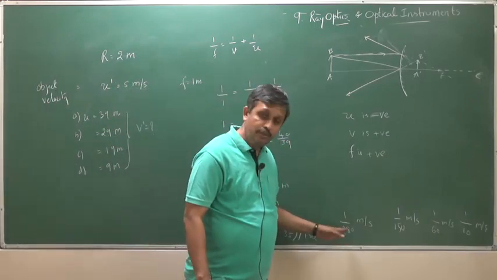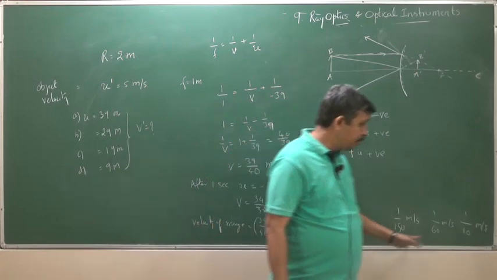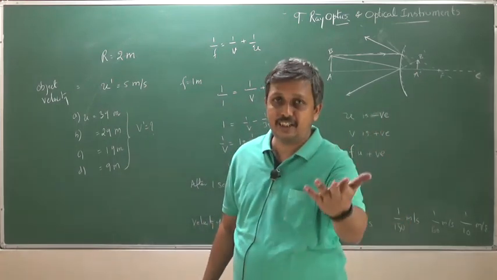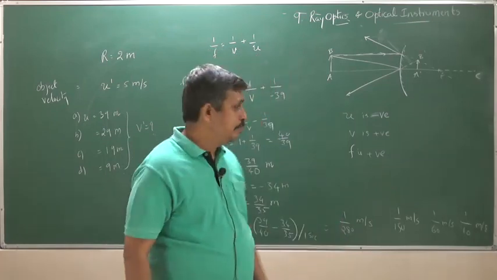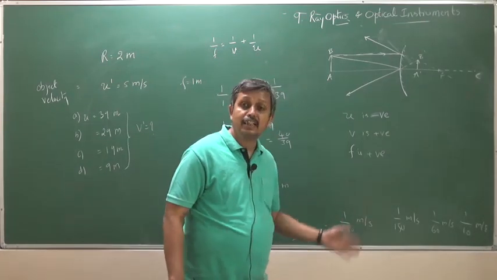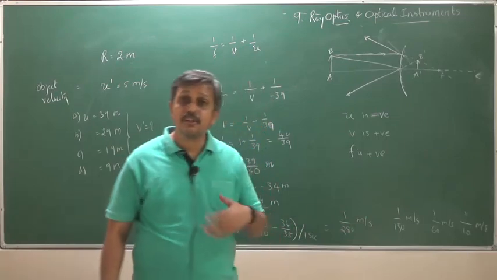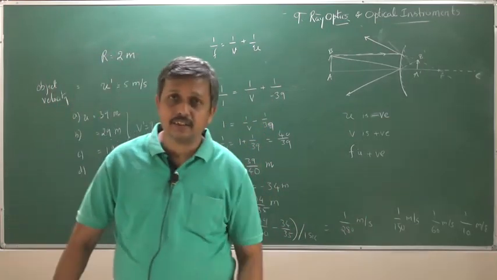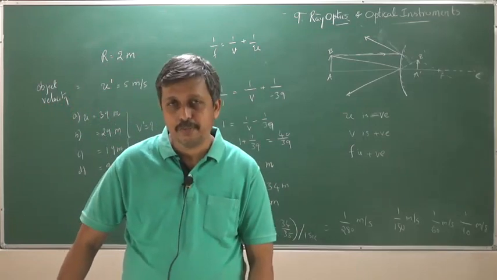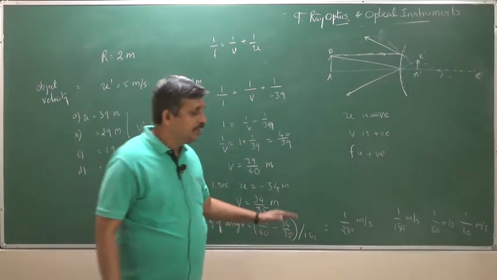That means the image is getting accelerated. The object is actually going at constant velocity. The image is getting accelerated. The more it comes nearby, the more speed it takes. So you can calculate acceleration and all that. I will not go too deep into that, but you get an idea.